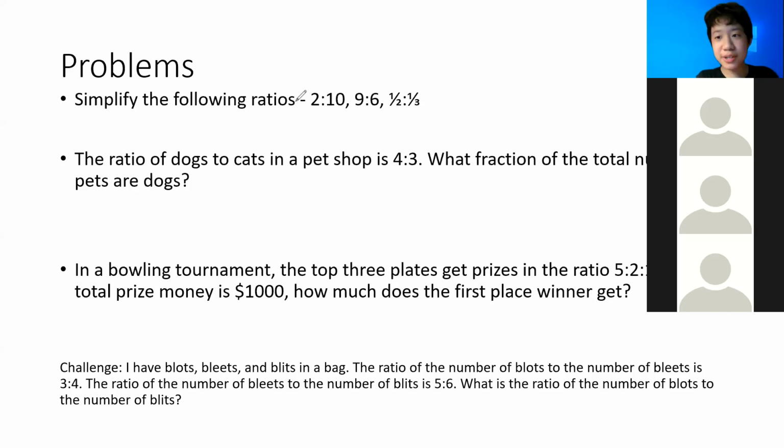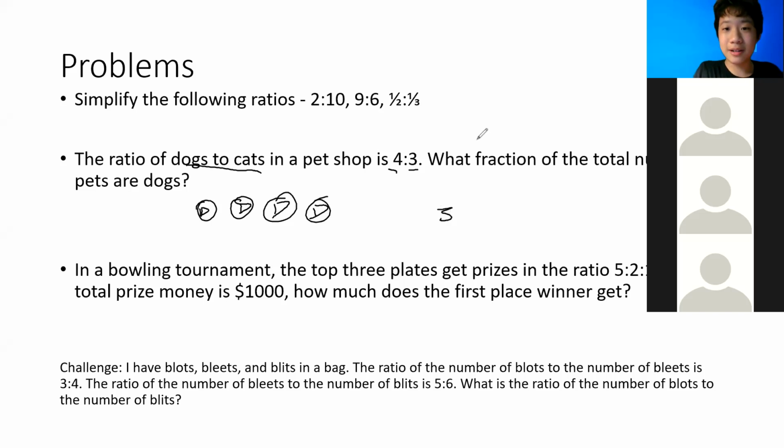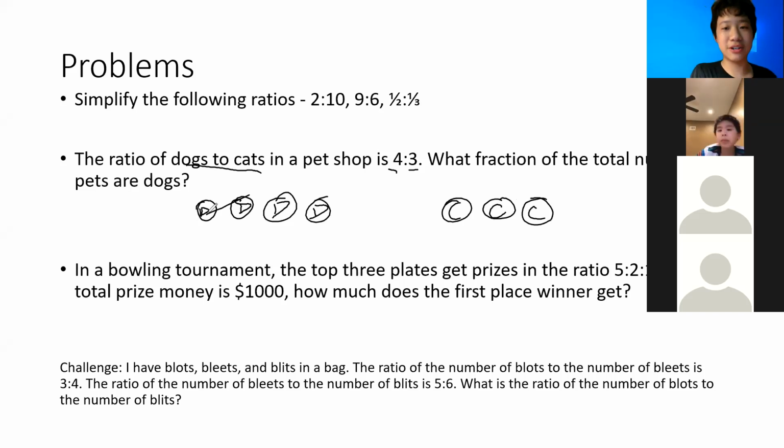So how do we do this? The ratio of dogs to cats in a pet shop is 4:3. So for every 4 dogs we have, we have 3 cats as well. Let's have this sample here. This sample follows the ratio: we have 4 dogs and 3 cats. How many dogs do we have? 4 dogs.